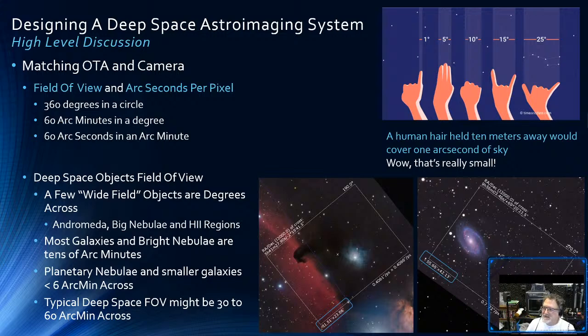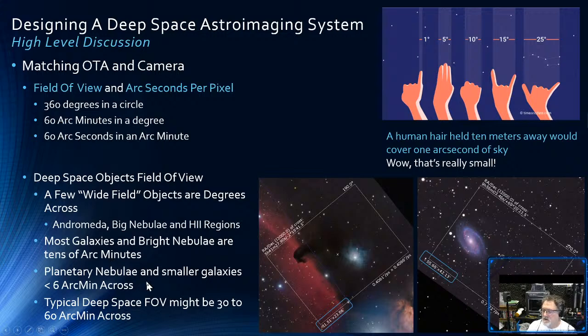There's tens of those. As you go around the Milky Way, you can count, maybe there's 20 or something. I don't know. But most galaxies and bright nebulae are in tens of arc minutes. They're not degrees across, they're tens of arc minutes across.